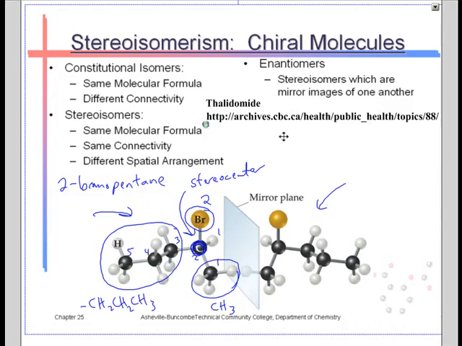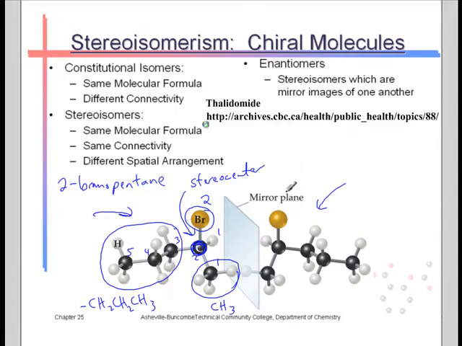Actually, some of the pictures I find disturbing, but it certainly brings it home in terms of the importance of making sure that you know what is in the drugs that are being taken. And to me, it brings impact in terms of the importance of this stereoisomerism issue.